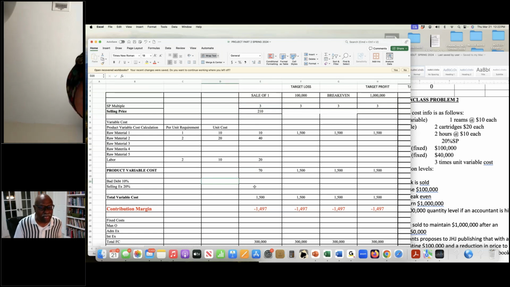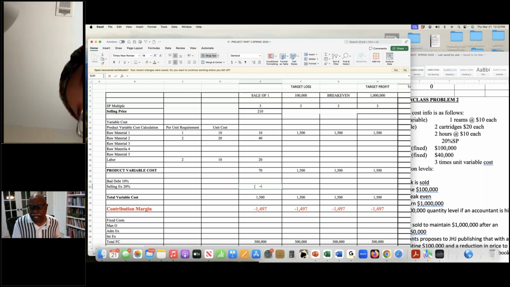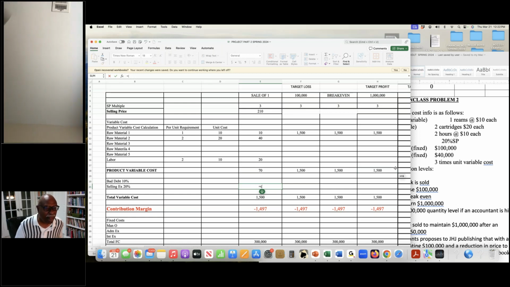Our selling expenses themselves are going to be equal to... we paying them what? 20%. So we've got to... let me do something right quick. A lot of times you got to put the percentages in.